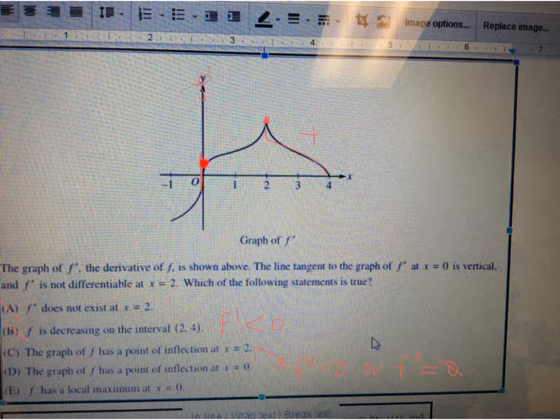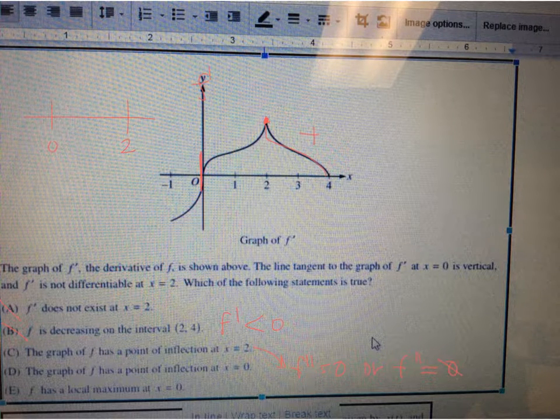Here we have a vertical tangent. So this is a vertical tangent, so the second derivative, which is the derivative of the first derivative, is undefined here, and the second derivative is undefined here. So we have two possible points of inflection, one at 0 and one at 2.